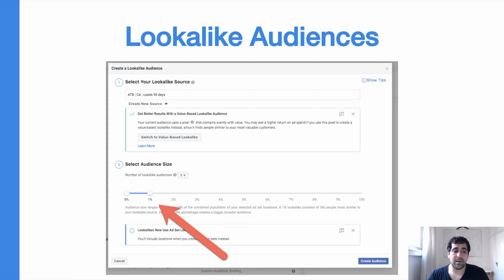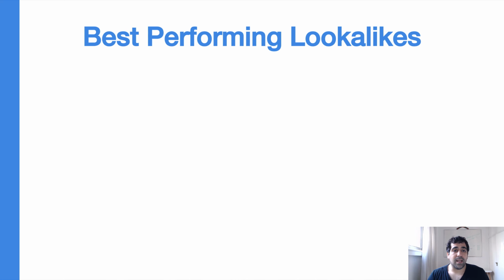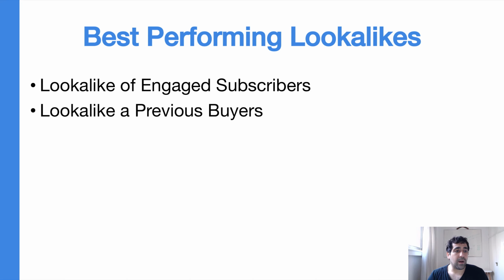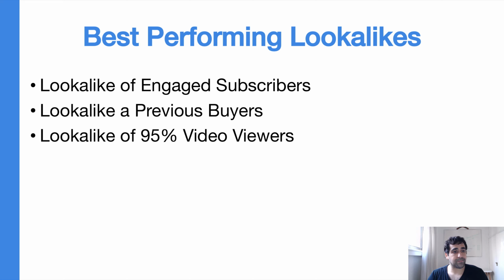But you gotta test it out, and these are some of the best performing lookalike audiences that I've seen working for myself or others. One is lookalike audiences of engaged subscribers. It can be on your page or in your email list. Lookalike of previous buyers. Obviously, that's gonna be an amazing lookalike to test.